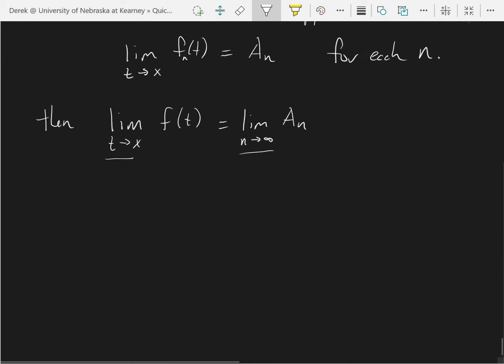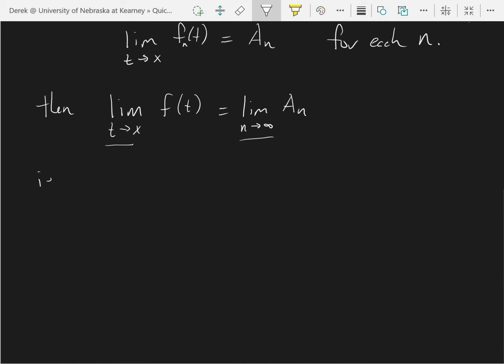And so if I rewrite this in double limit notation, I've got the limit as t goes to x of the limit of f sub i at t as i goes to infinity. So i goes to infinity first. I go out with each of the functions.